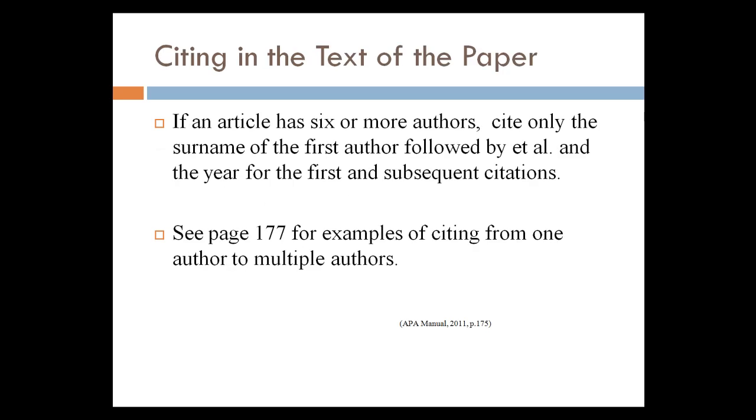If the work has 6 or more authors, cite only the surname of the first author followed by et al. On page 177, you can see examples of citing multiple authors.